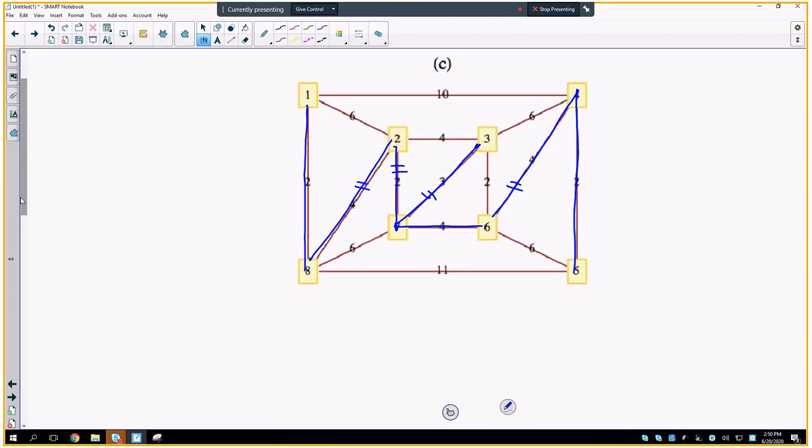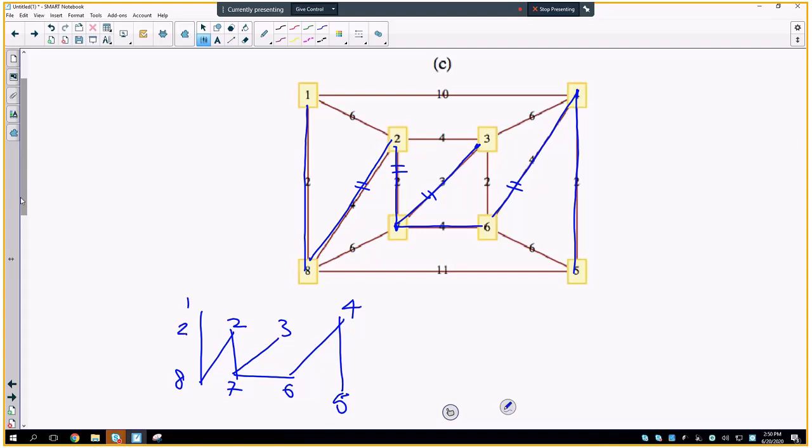So what I have is 1 going to 8, 8 going to 2, 2 going to 7, 7 going to 6, and 7 going to 3, 6 going to 4, and 4 going to 5. So if I want to know the weight of this minimal spanning tree, then I will just add.